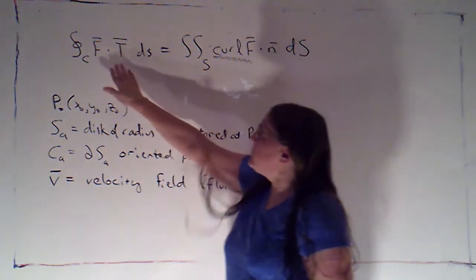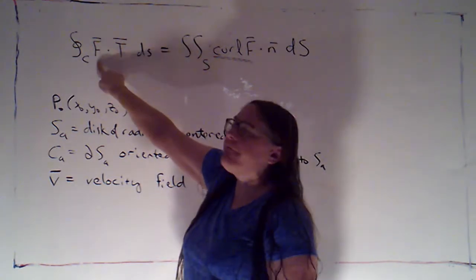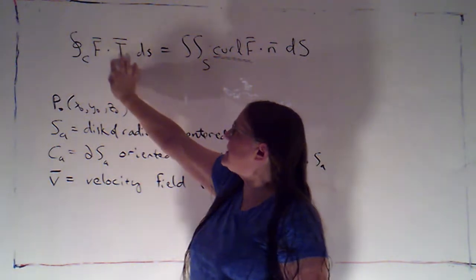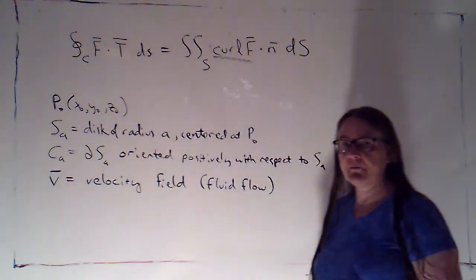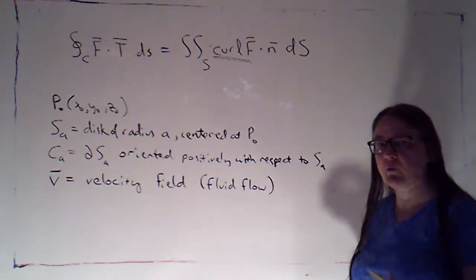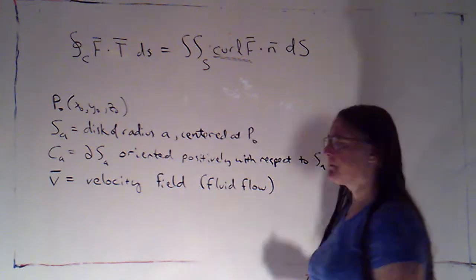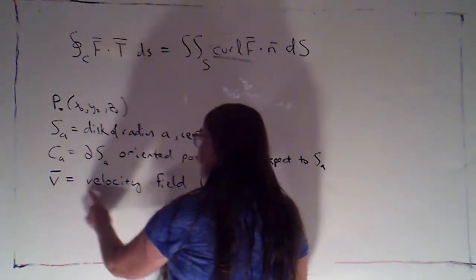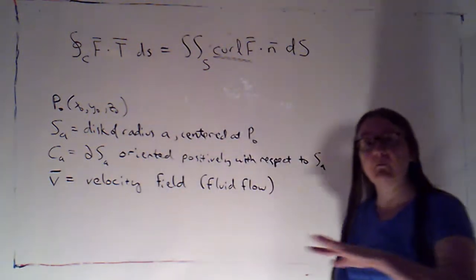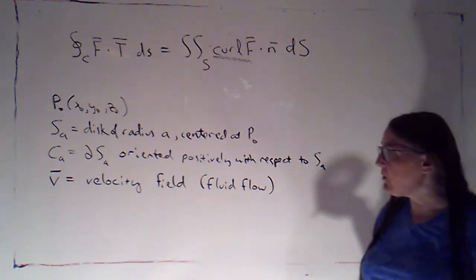Now, ordinarily, when we work with line integrals like this, we think of f as a force field, and then the meaning of this integral would be a work integral. This is another situation where it's a little easier to understand what's going on physically if we work with fluid flow instead. So I'm going to let V be a velocity field for some fluid, some fluid that's flowing around.